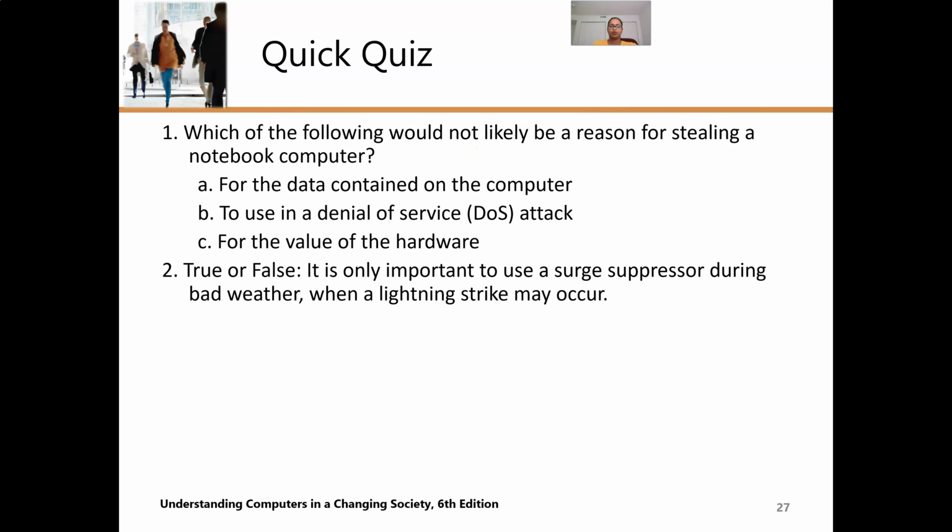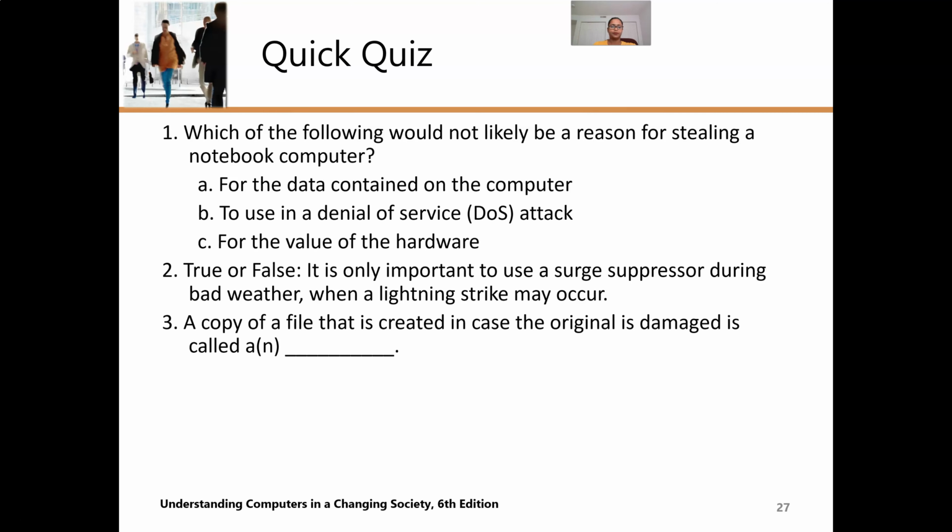Is it true or false? It is only important to use a surge suppressor during bad weather when lightning strikes. A copy of a file is created in case the original is damaged, so such a process is called blank. I hope you're ready with the answers.